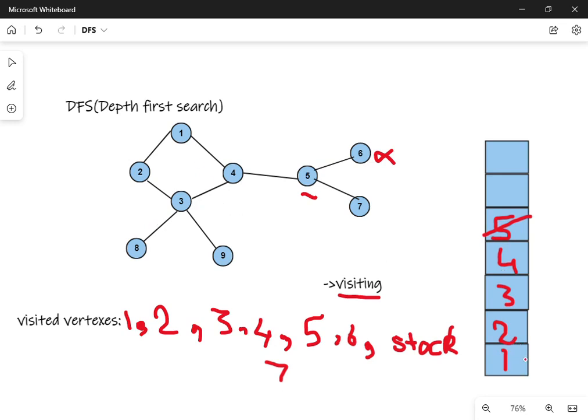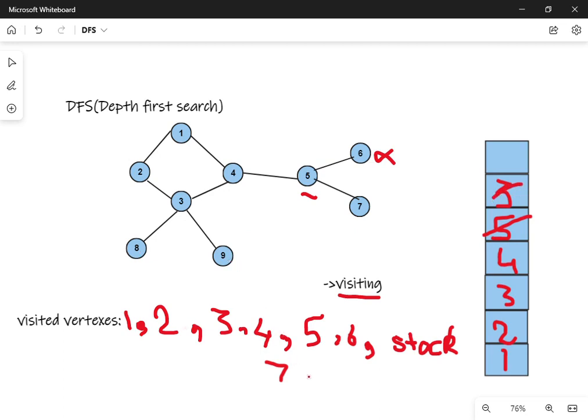Here we also wrote 1 before, so I am writing the second adjacent vertex, which is 3. So move back to 3. Here 3 is cancelled. The adjacent vertices of 3 are 2, 4, 8 and 9.